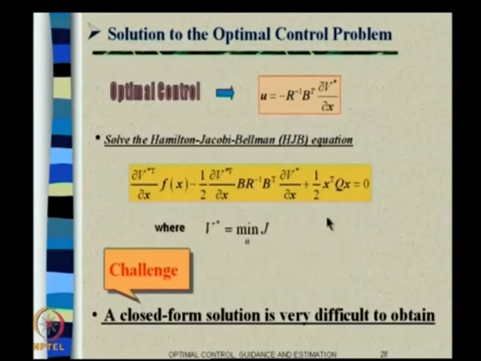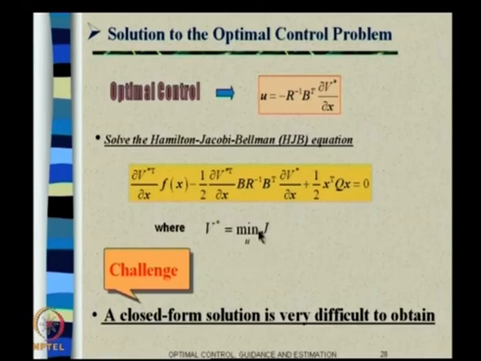And we know from HJB theory, and we will see that in HJB theory a little later, that optimal control can be represented as u equal to minus r inverse b transpose lambda, but optimal lambda can be represented as del V by del x also, where V star is nothing but optimal cost actually. And this optimal cost satisfies this HJB equation, and in putting that in HJB equation you can see that this V star what you are talking about has to satisfy this, where V star is the minimum cost actually.